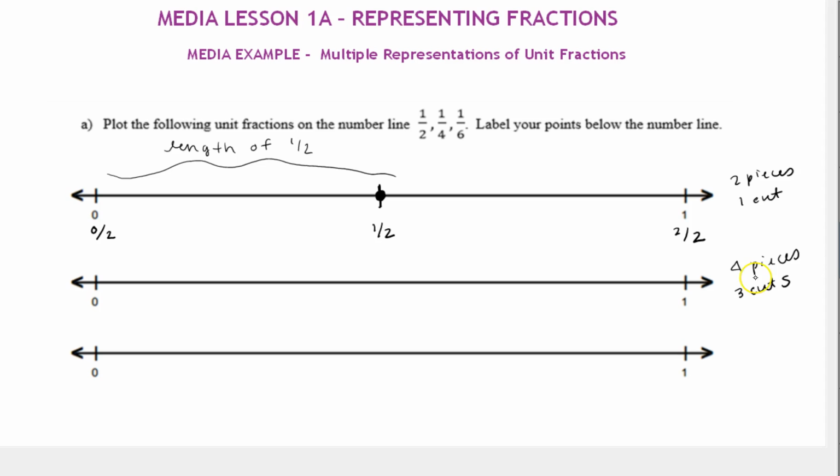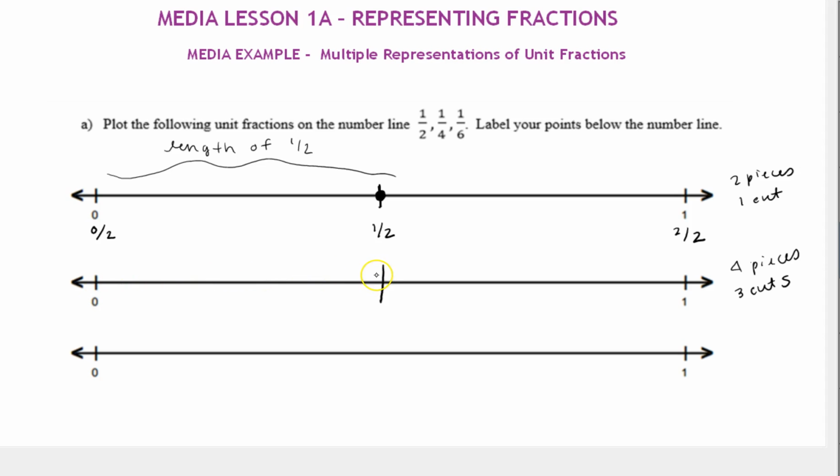It's tempting to think, well, 4 pieces, I need 4 cuts, but it's actually 1 less than the amount of pieces. So I'm thinking of 0 to 1, I want to cut this into 4 equal pieces. A good way to start is to cut it into 2 equal pieces, and now I'm going to cut each of those 2 equal pieces into 2 equal pieces.